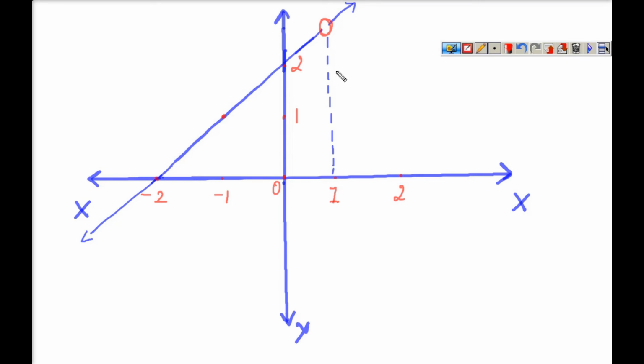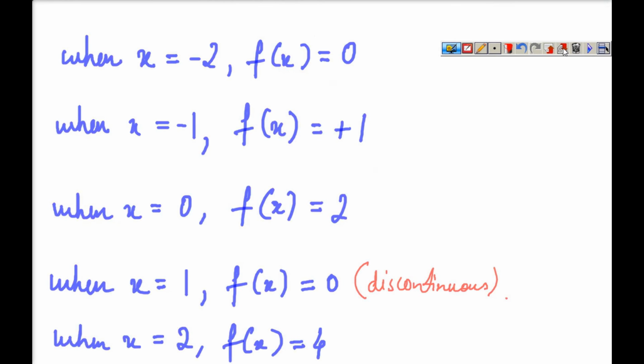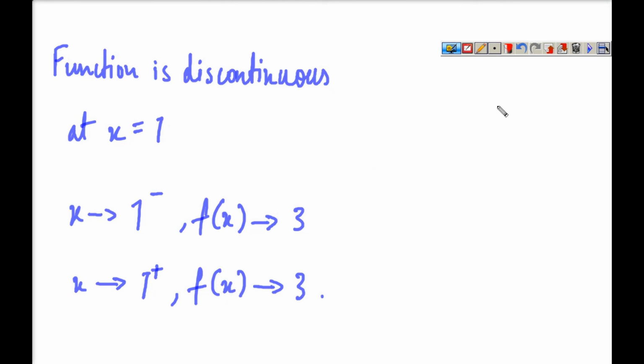So what will be the limit when x is approaching 1 from this side and this side? It's not touching 1, it's just approaching 1. So we can clearly understand that the limit will be somewhere here. The limit is when x is approaching 1 from the left hand side.